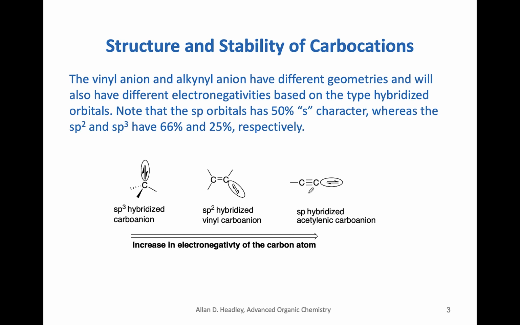There are other possibilities of putting a pair of electrons on carbon that are not on carbons that are not sp3 hybridized. So let's look here at the other possibilities. So here we have the sp3 hybridized carbon.